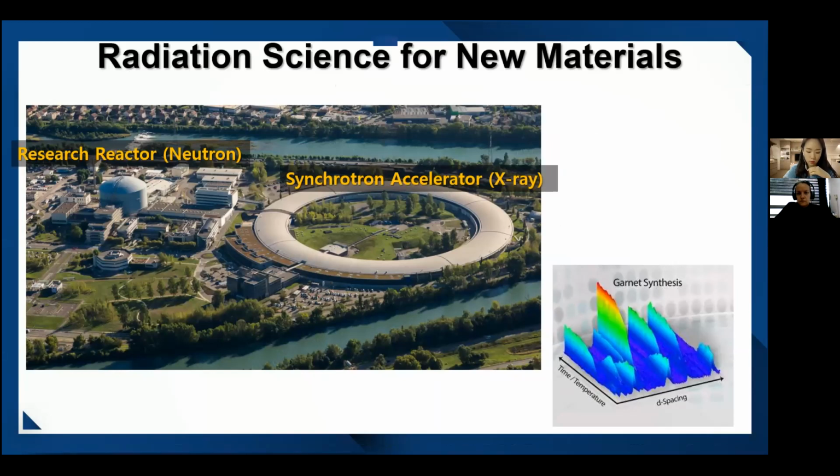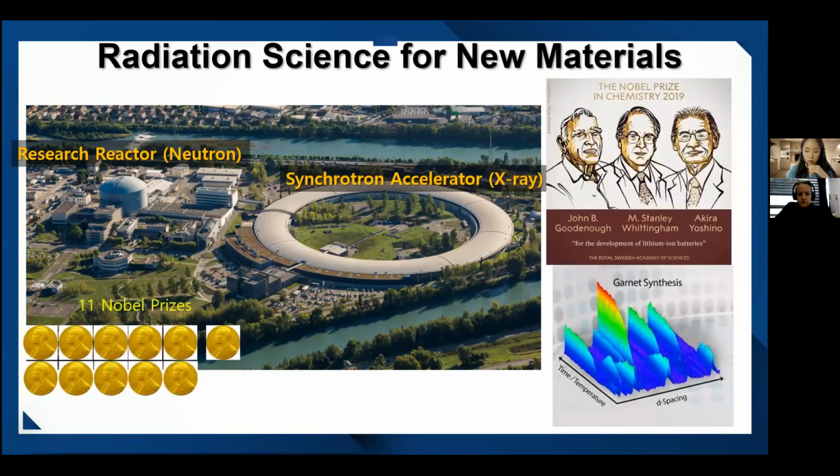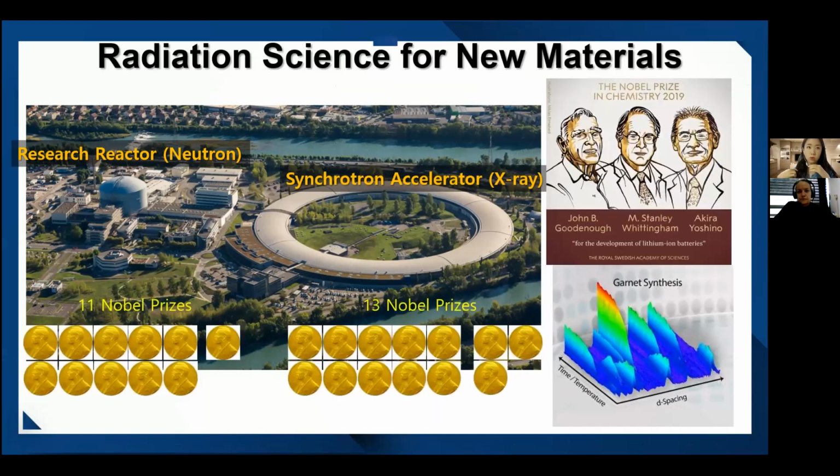And lastly, we have radiation science for new materials. We use ionizing radiation to change the structure of materials, and we also use radiation to investigate the properties of materials.